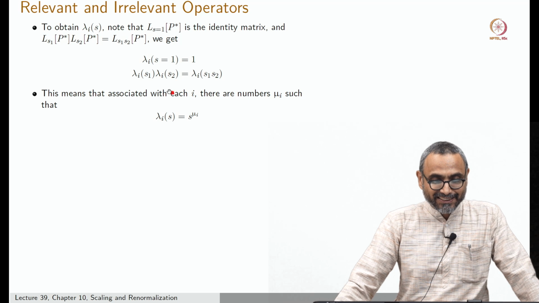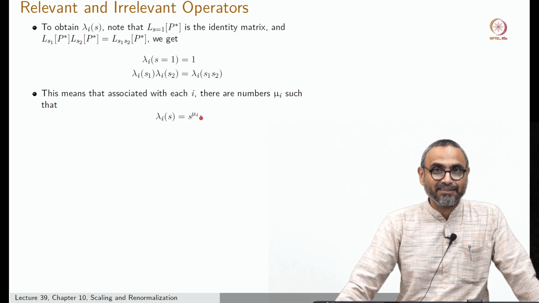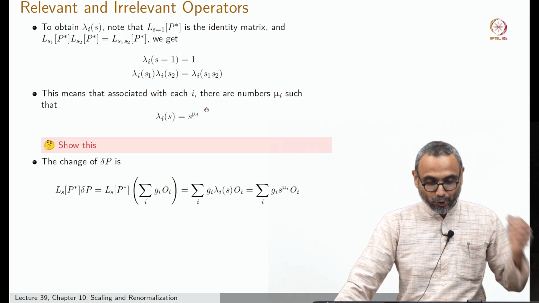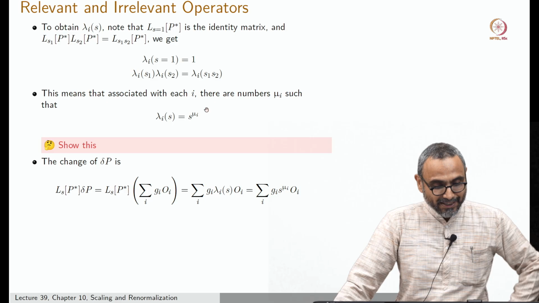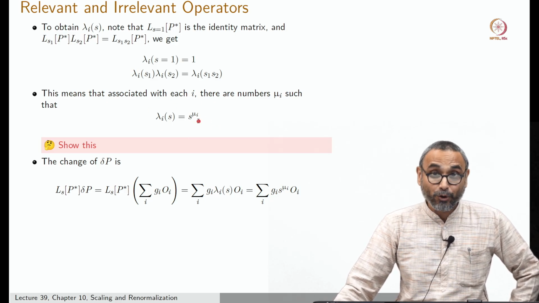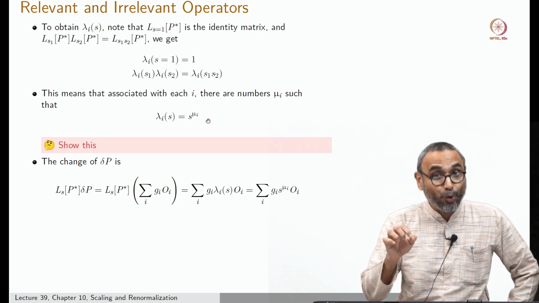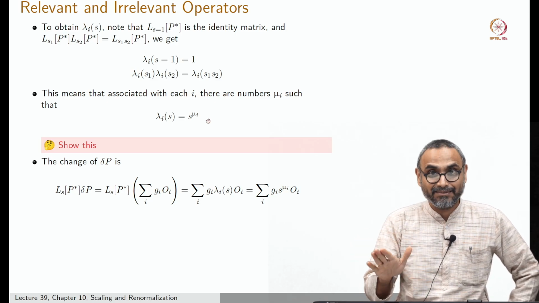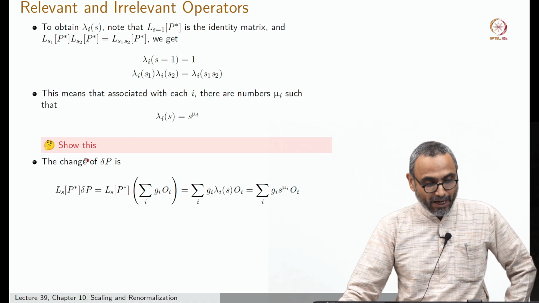If these conditions are satisfied, then you can show that lambda I of S is some power of S with an exponent mu I. And I invite you to show this. Now that we have this formula, remember we don't know mu I yet, we know that mu I exists. That's it.